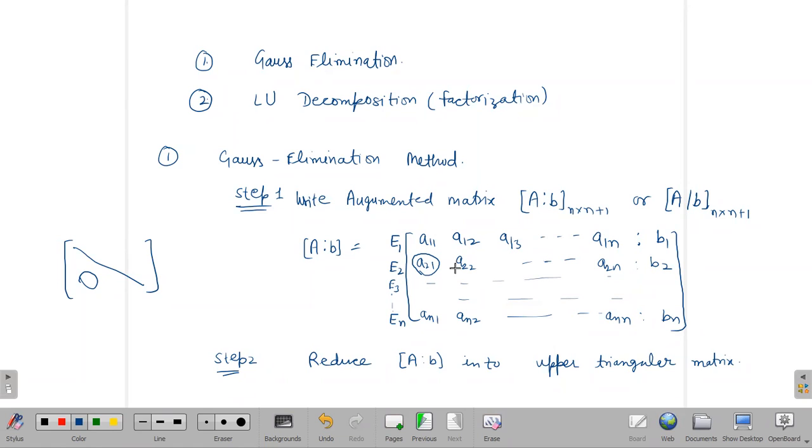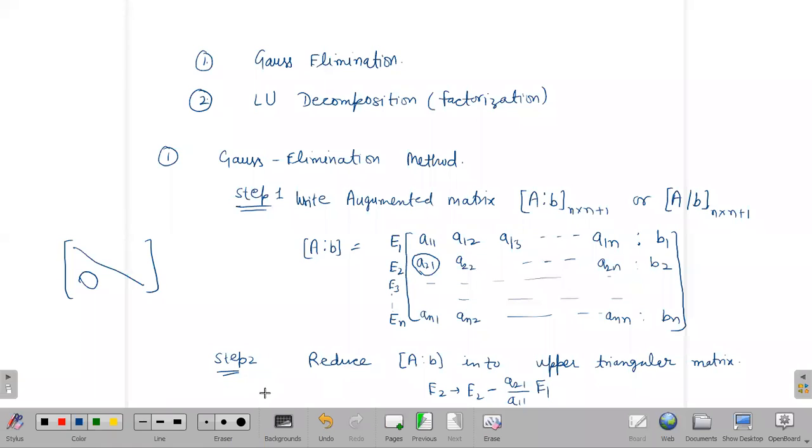Suppose I'm using E1. E2 minus A21 divided by A11, into E1. Yes, very good. Because it applies to the full row. So this operation will apply on the full row, not only on this element. So this element will be affected.